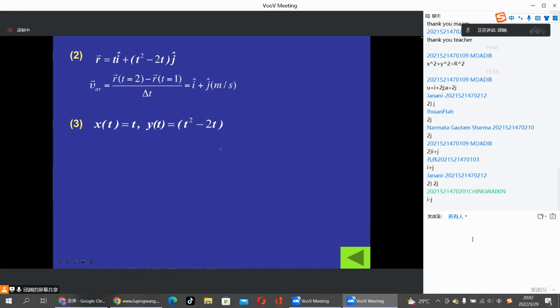Okay, we have the position vector r and the two terms, we have two components, x and y. They can be expressed like this. And by calculating the trajectory function, we know that x equals t, so we can put x here, y equals x squared minus 2x, and we can draw it on this plot. This is the trajectory of this motion.